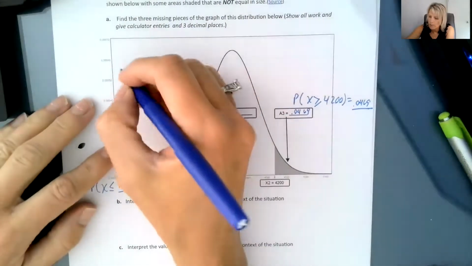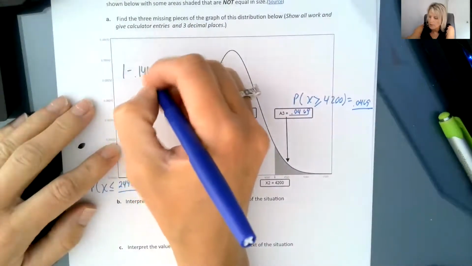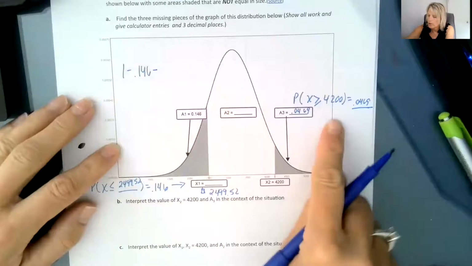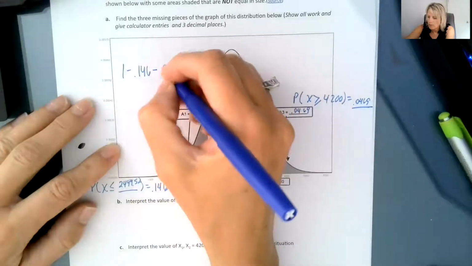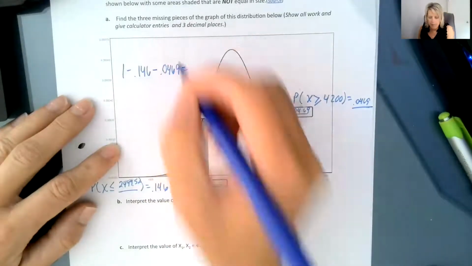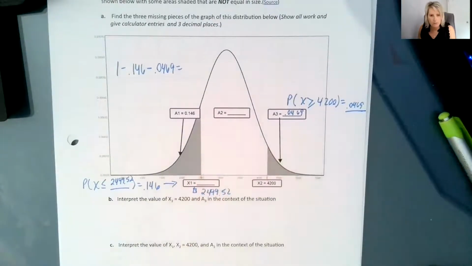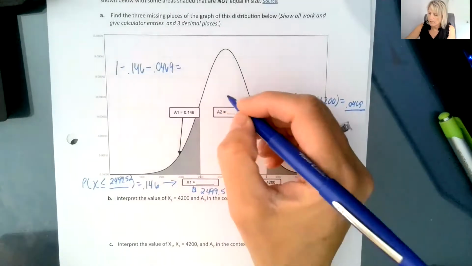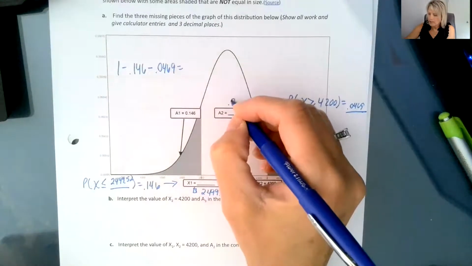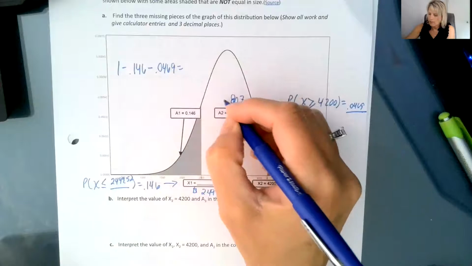So 1 minus 0.146, subtracting 0.0469. And that will give you this big white area, or area number 2. And that area comes out to be approximately 0.807.